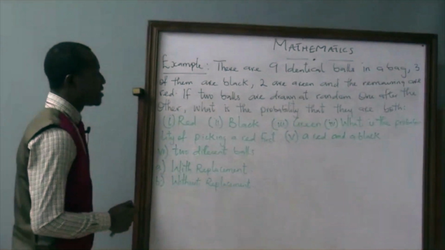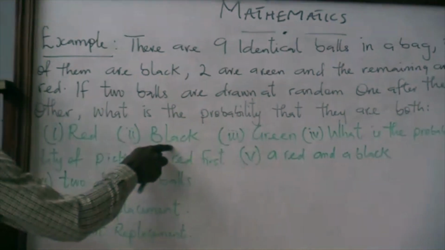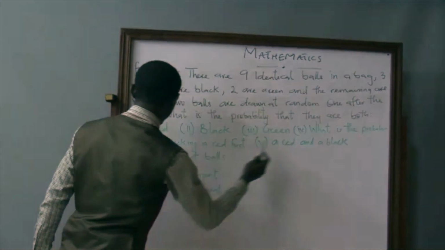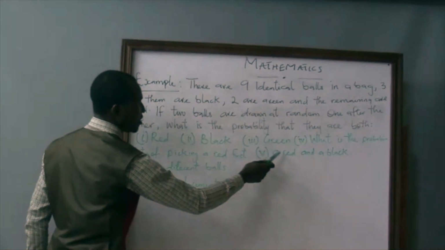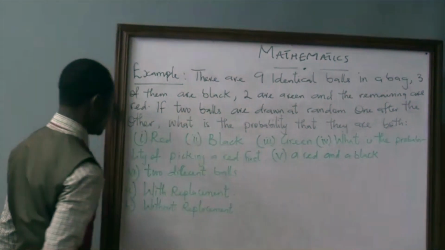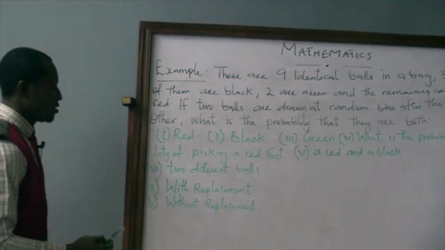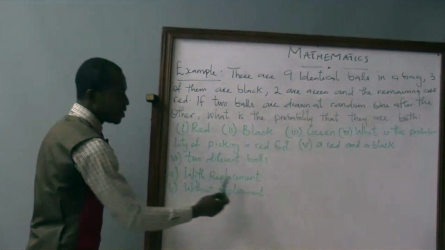What is the probability that they are both 1 red, 2 black, 3 green, 4 what is the probability of picking a red first, 5 a red and a black, 6 two different balls. Now, A with replacement, B without replacement.